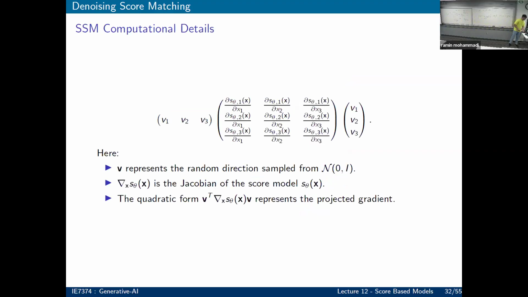Now, if you want to look at it from the matrix multiplication view, you had this Jacobian, and it is just multiplied by some random vectors, just to ensure that it matches the dimensions so you can calculate that value.